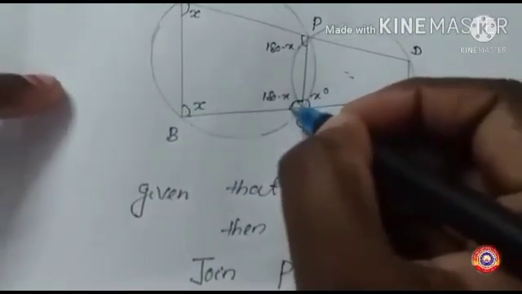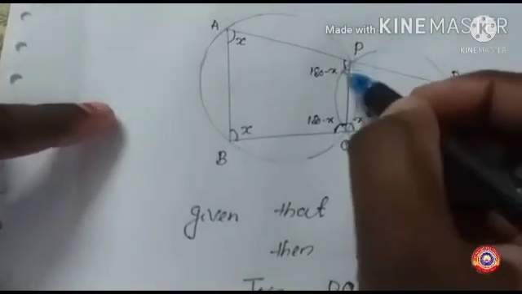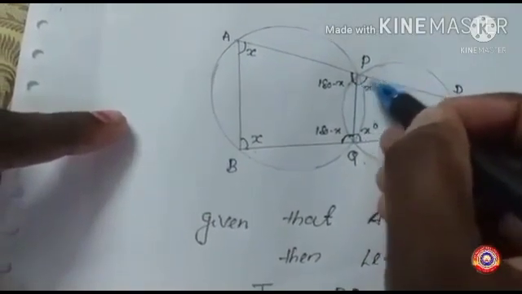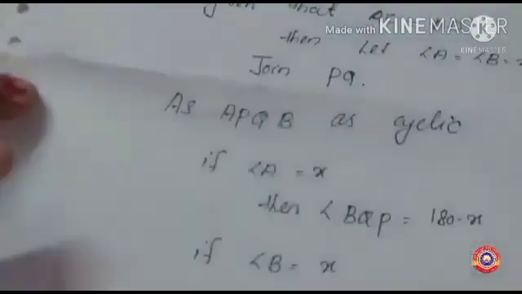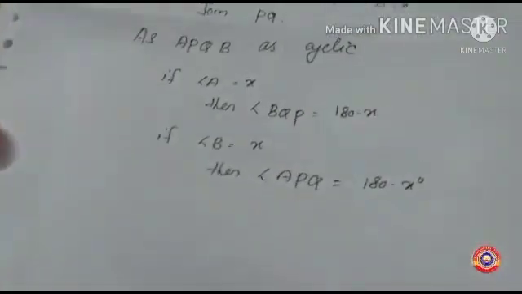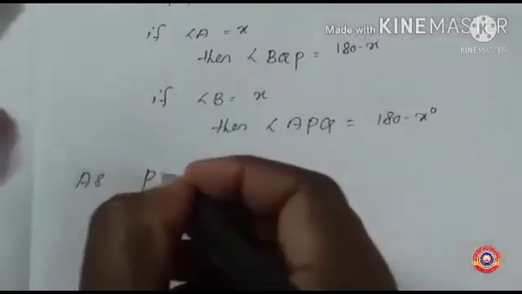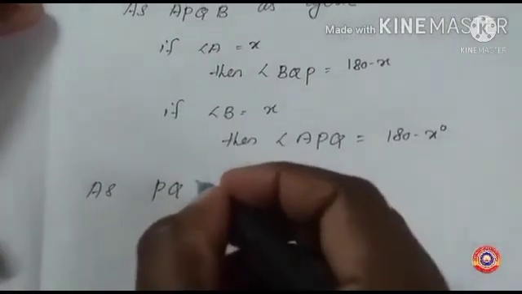Next, from the figure we can identify that angle PQC equals x degrees because there forms a linear pair, and angle DPQ is equal to x degrees, there also forms a linear pair.